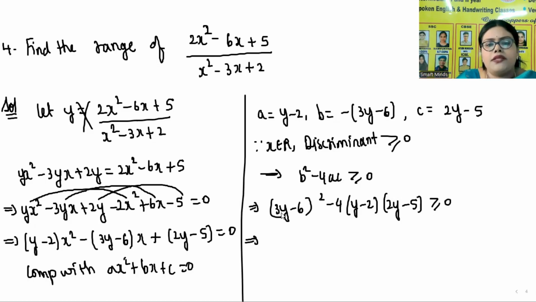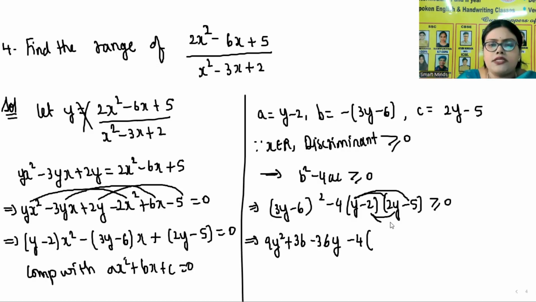Now we expand this. It is in the form a minus b whole square. So a square plus b square minus 2ab. So that is 9y square plus 36 minus 36y minus 4 into. Now let us multiply these two brackets. This into this, this into this, this into this, this into this.